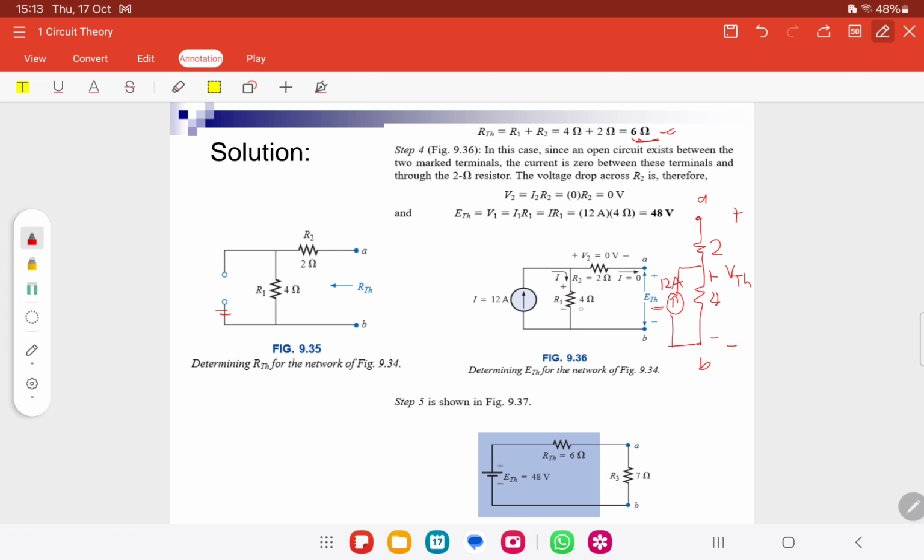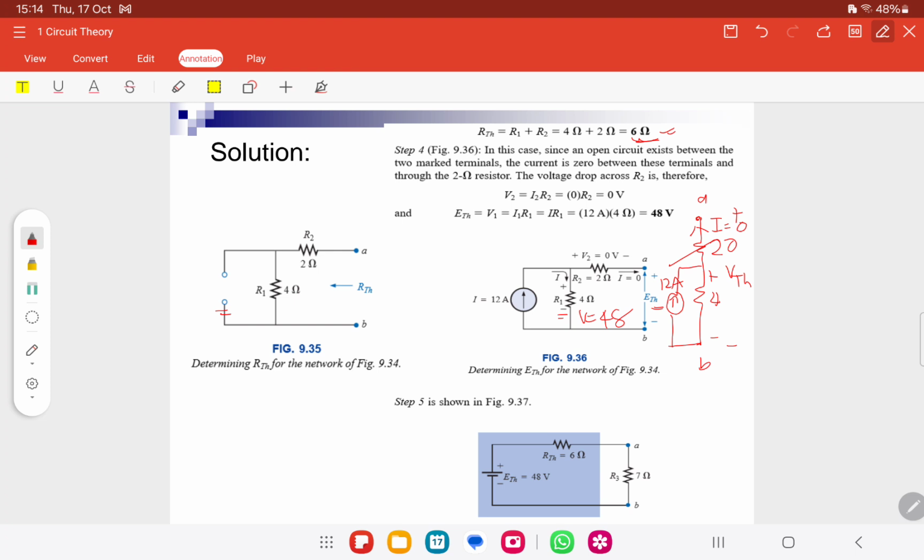V yang dekat R1 48. Darab je lah kan. So V equals to 48. Yang atas ni dekat 2, dia I dia ada tak sini? Are you sure? Kan open loop tu I dia nak pergi mana? Jadi sini tak ada voltage.